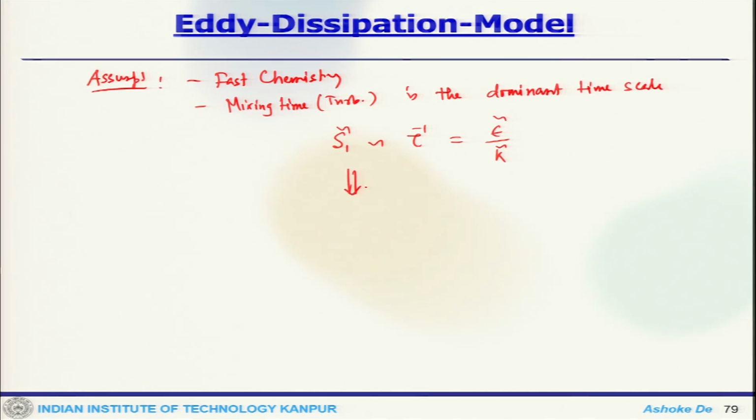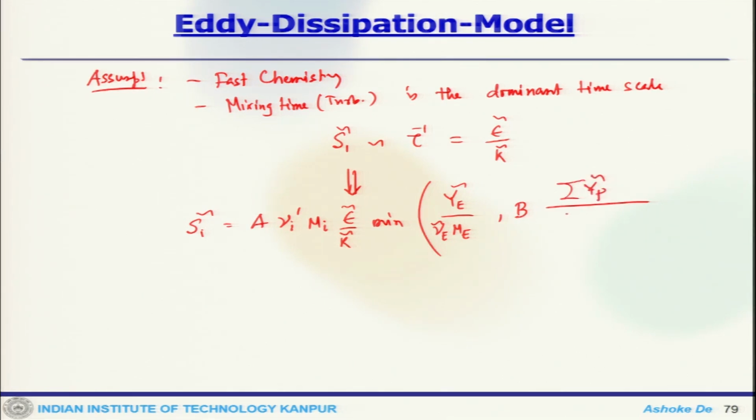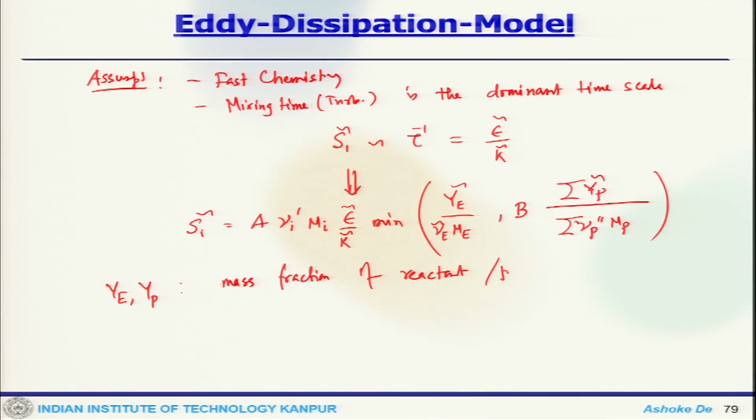That will lead to a model for my chemical source term, which can be written as A nu_i M_i epsilon by k times the minimum of Y_E over nu_E M_E, and B times the summation of Y_P over nu_P double prime M_P. Here Y_E, Y_P are the mass fractions of the reactant and or product.